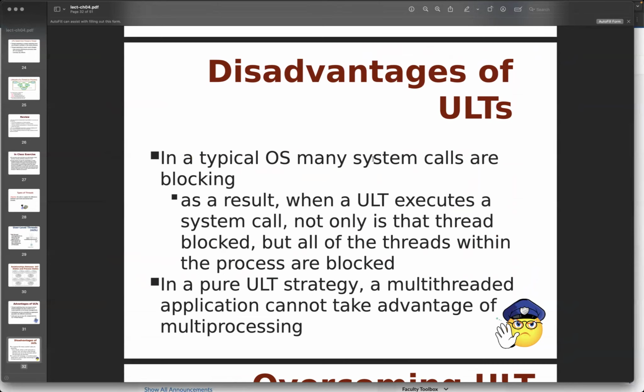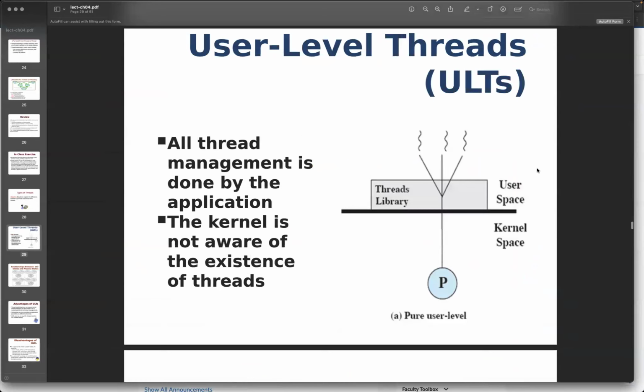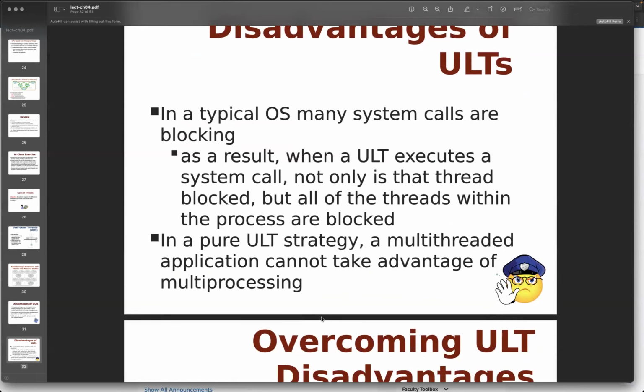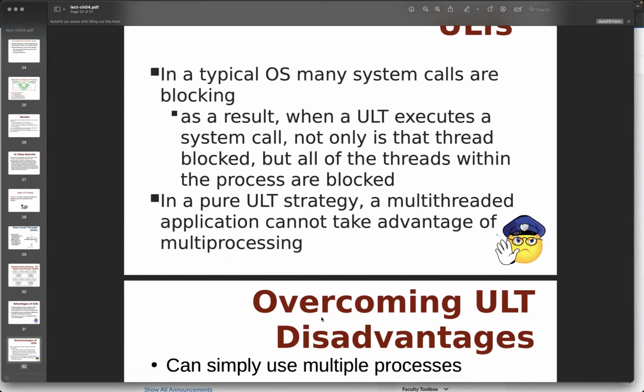Here's the thing: on the top layer, if you remember, there are multiple threads, but when the kernel level blocks, it blocks all of them and we stop, because we need to wait for the kernel to finish. So here's the disadvantage: in a pure ULT strategy, a multi-threaded application cannot take advantage of multiprocessing. Multi-threading and multiprocessing are not really working together, so we need to overcome this.